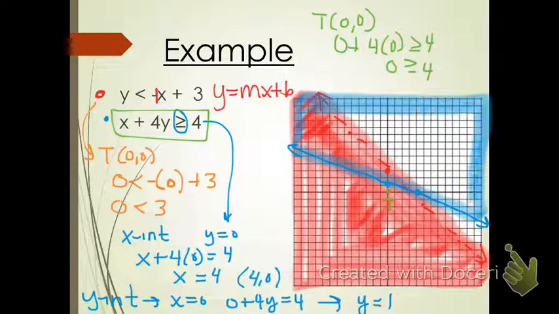So everything in this blue area is a solution to the second inequality.